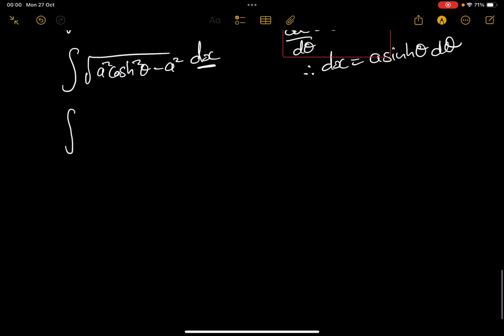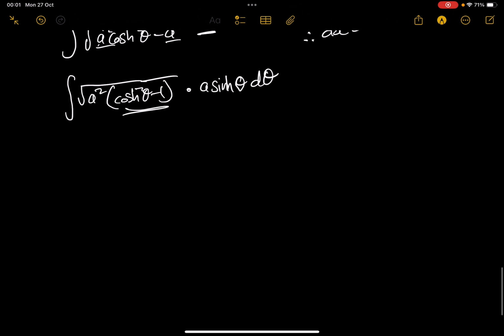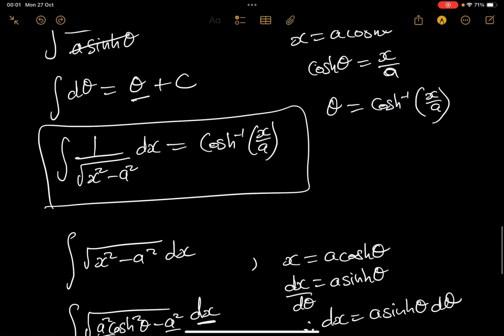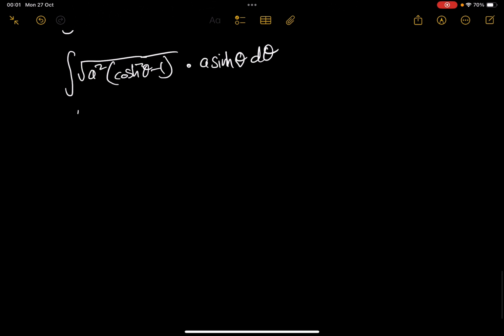So here you're going to have the integral of root a squared, I factor out a squared, and I'm going to have cos squared theta minus 1, times a sin theta d theta, right? And then again here you're going to use the identity. So this is going to be root a squared sin squared theta times a sin theta d theta.